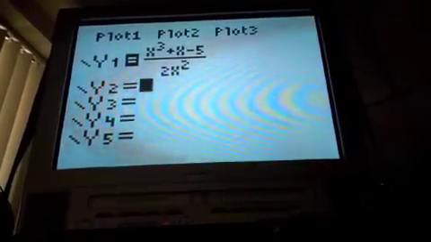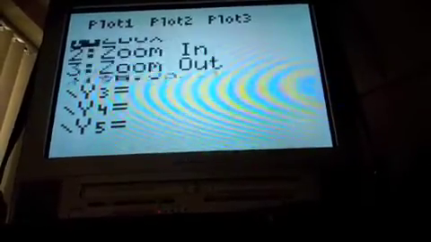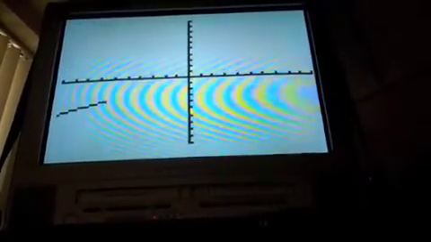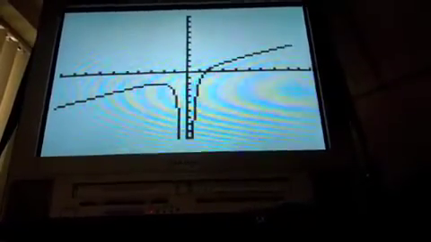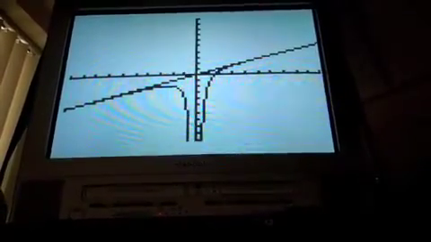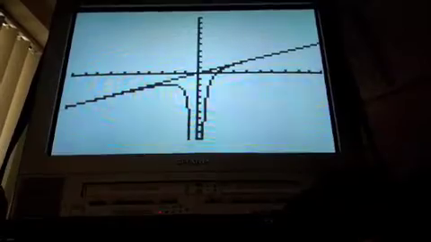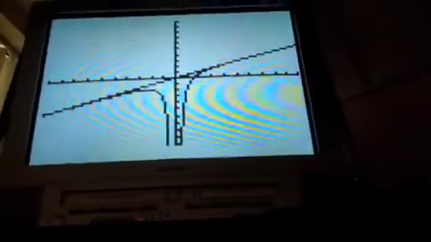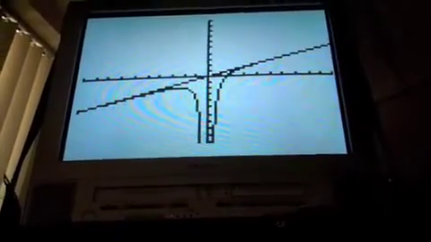And then on y2, put 0.5x. So weird stuff happening, but then it just kind of takes off. And then there's the line 0.5x. As you go right and left, that 0.5x is a good model for this function.